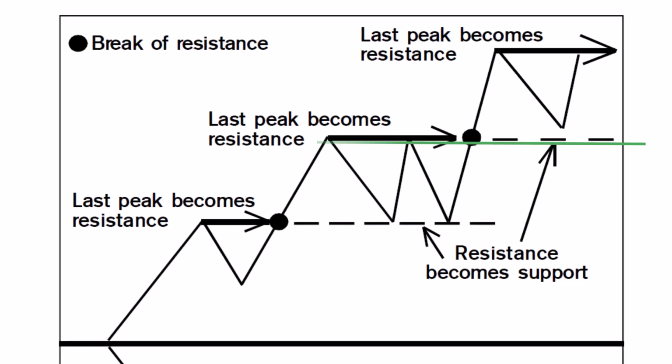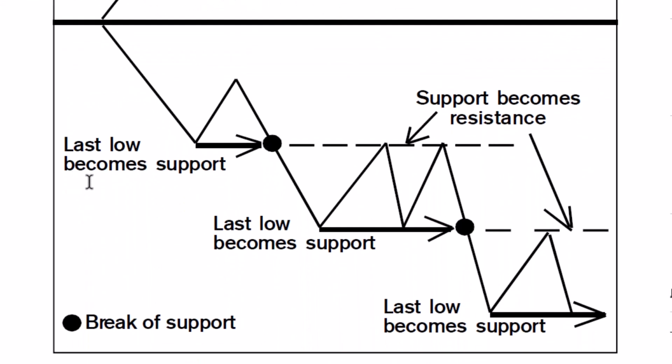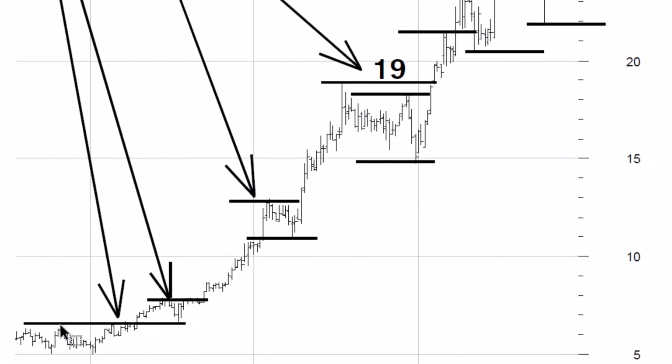On the flip side, in a downward trending market or a bear market, the support, as it breaks, becomes resistance, and as it bounces through, breaks through another level of support, that support again becomes resistance. Shown through a much larger, longer pattern, we can see here as it ebbs and flows, it breaks through the resistance. That resistance now becomes support and helps it break through a new level of resistance.